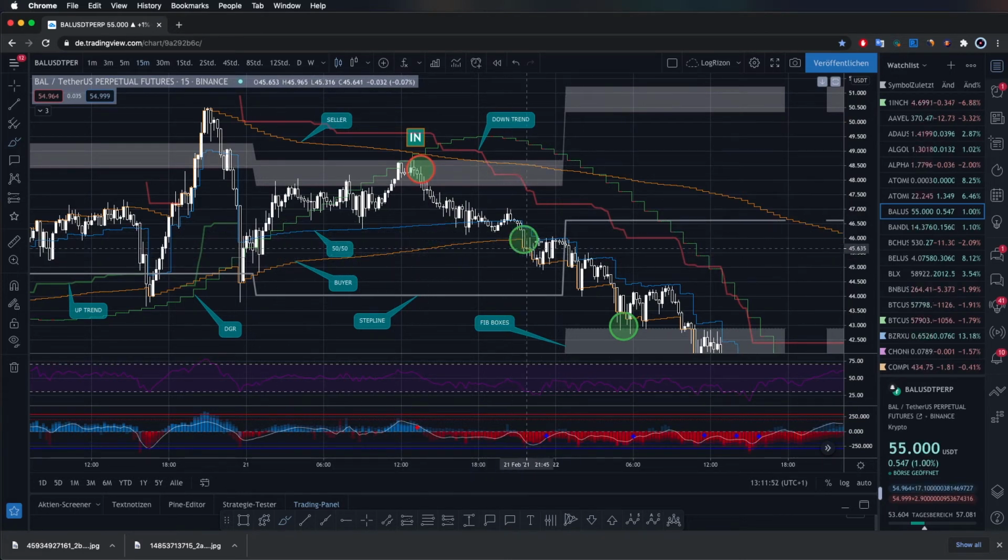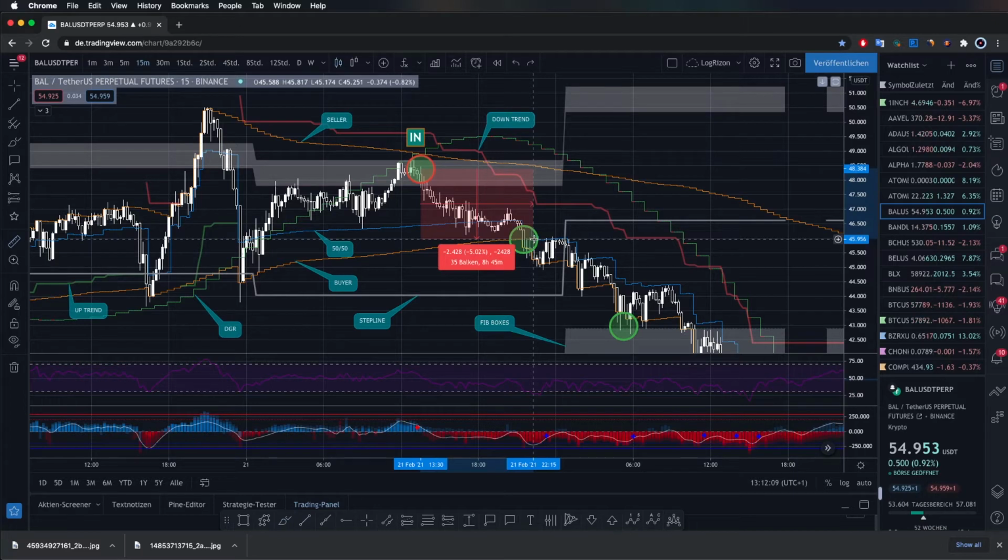So this is normally the point where the first time I take profit. So from here, I'm still drawing. From here to there, you see this is already 5%. With a leverage, I think I would have at this point around 3 to 5, not more.